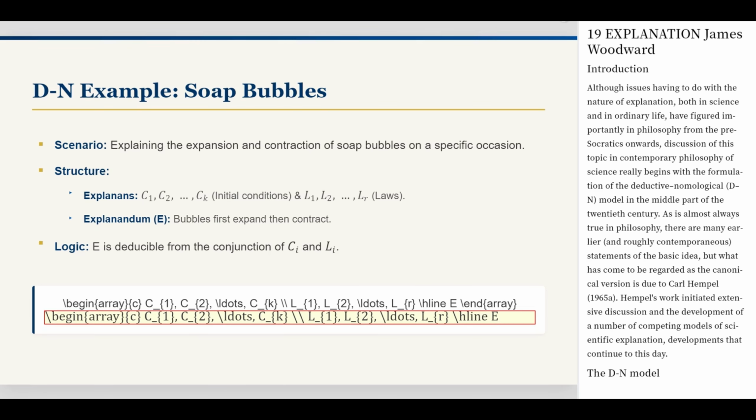Then, you bring in the laws, things like the ideal gas law, which relates pressure, volume, and temperature. If you combine these specific conditions and general laws correctly, the conclusion that the bubbles will expand and then contract should logically follow. It's like saying, given these starting points and these universal rules, it was bound to happen this way. Simple, elegant, and seemingly powerful, until you start poking holes in it.